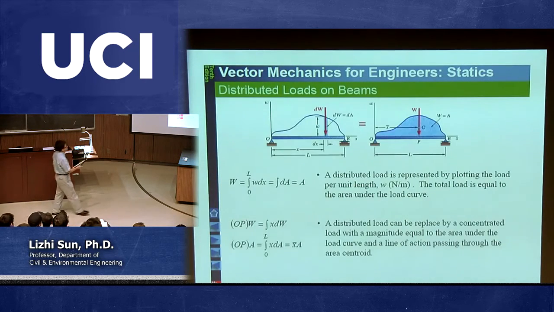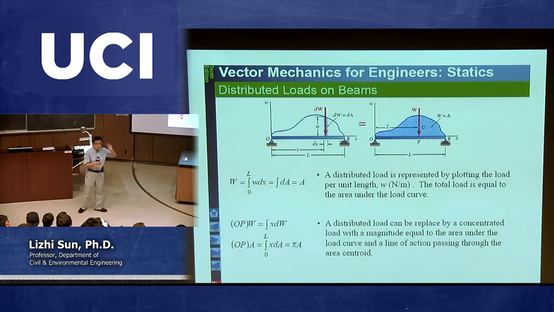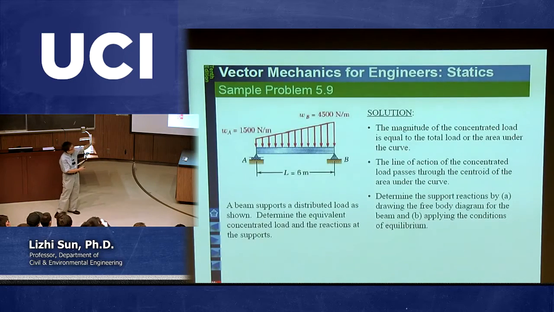But there's another part, the second part of chapter 5, which is to apply such centroid concept to solve some beam problems. So if we have a distributed load like this, and I'm asking you to calculate reactions, of course, the first step, you need to plot the free body diagram. But then you still need to make the equivalence from a distributed load to a concentrated load.